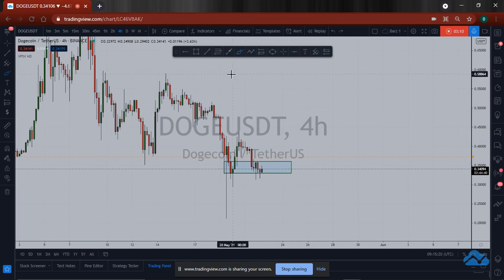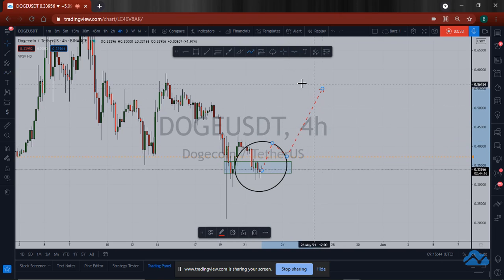So it's going to be important for us to monitor price action. I'm going to be monitoring price action on DOGE USDT inside this level. Once I get a bullish trading opportunity, then we could be looking towards capitalizing on a nice buy.